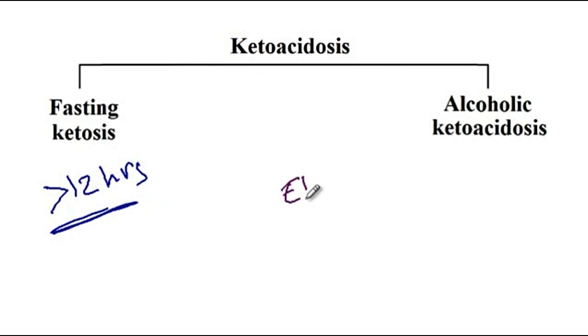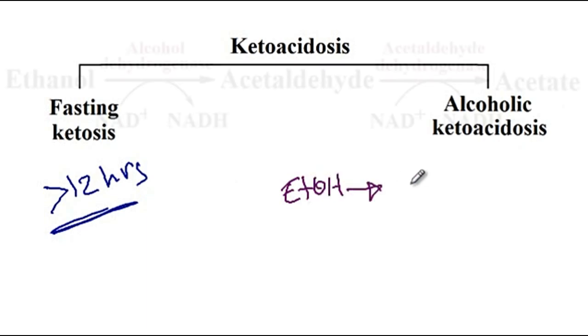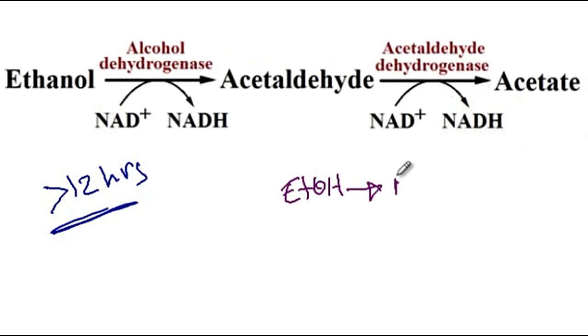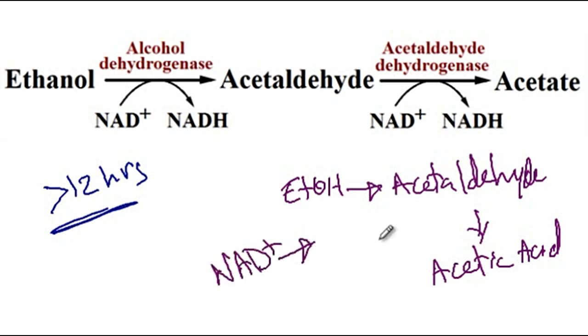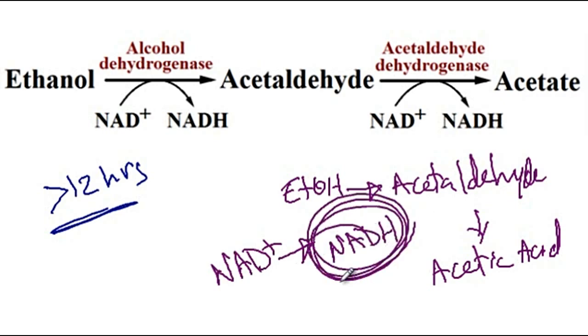So what happens is that ethanol can be oxidized by the hepatocytes into acetaldehyde, and then later it will be converted into acetic acid. For these conversions, NAD+ will be converted into NADH, as a consequence of which the NADH ratio will rise compared to NAD+.